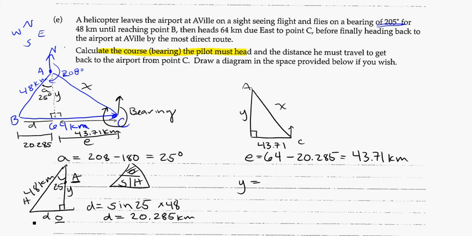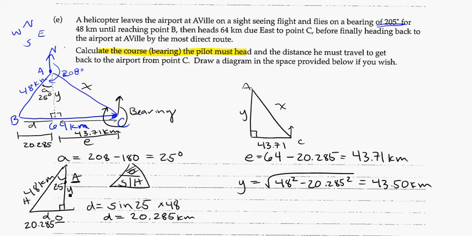Remember, we know that d down here is 20.285. We found that distance. So looking for a short side, we're going to have 48 squared minus 20.285 squared. And that is equal to 43.5 kilometers.